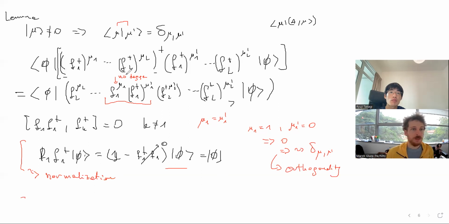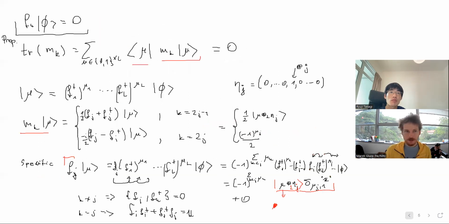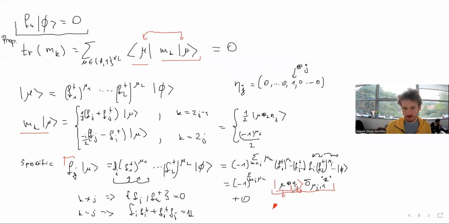Okay, so from this calculation, we have computed that, given my definition of the basis of this fermionic Hilbert space, this basis is already orthonormal. Now I needed this because now I'm doing something more interesting where M will be acting on this or that. But what it will do, as I was showing here, is that it will always change mu to some neighboring mu. You will switch so-called occupation numbers.